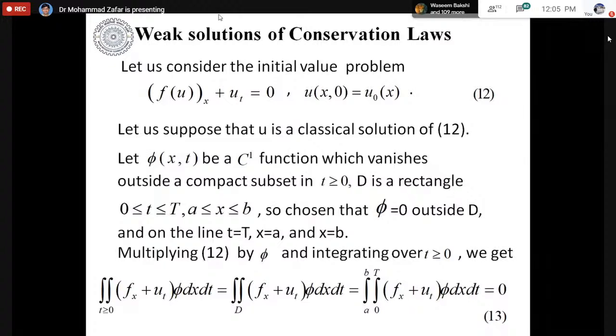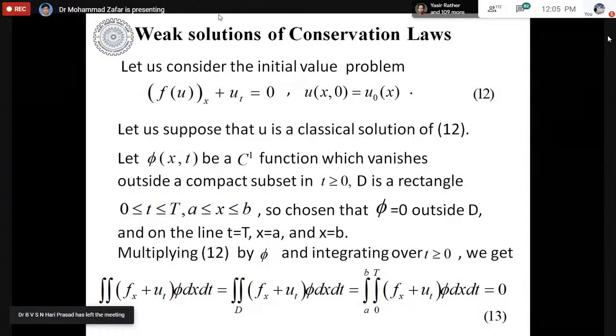Now you see, considering equation number 12 again, concentrate on this equation now. We multiply this equation by phi on both sides and then integrate over t greater than or equal to 0 on both sides to obtain equation number 13. You see the 13 equation, (f_x plus u_t) into phi into dx dt, double integral.